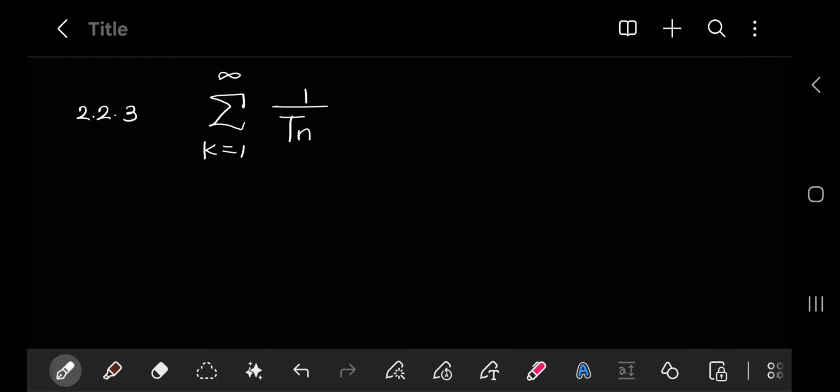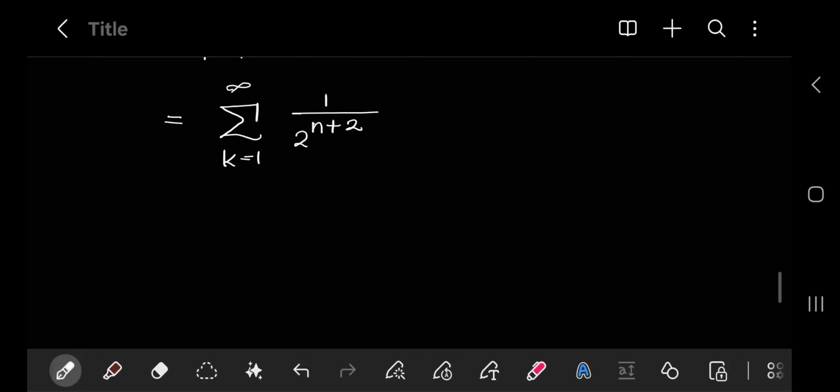So I am just going to replace the Tn in the denominator with what it actually is, which is 2 to the power n plus 2. So here's what we're working with. And we are asked to calculate this, so you guys know that when it comes to a sigma notation question, your first step is to get the first 3 terms from the starting term. Our starting term is 1, so we are getting term 1, term 2, and term 3.